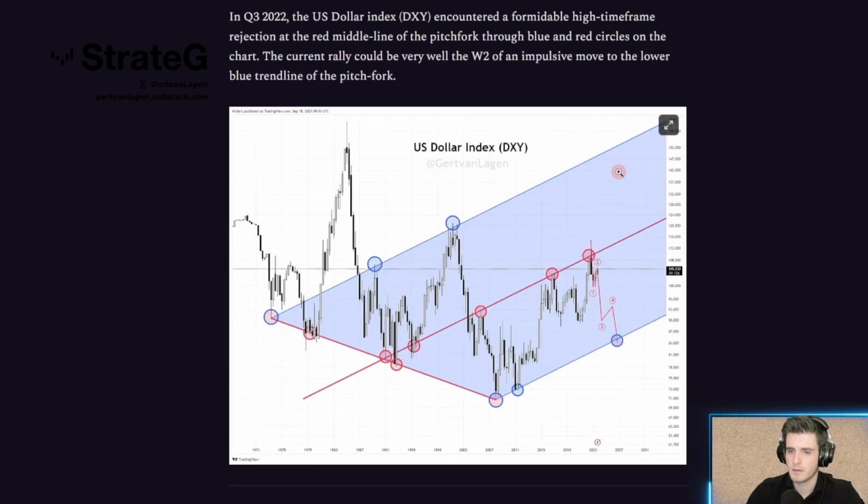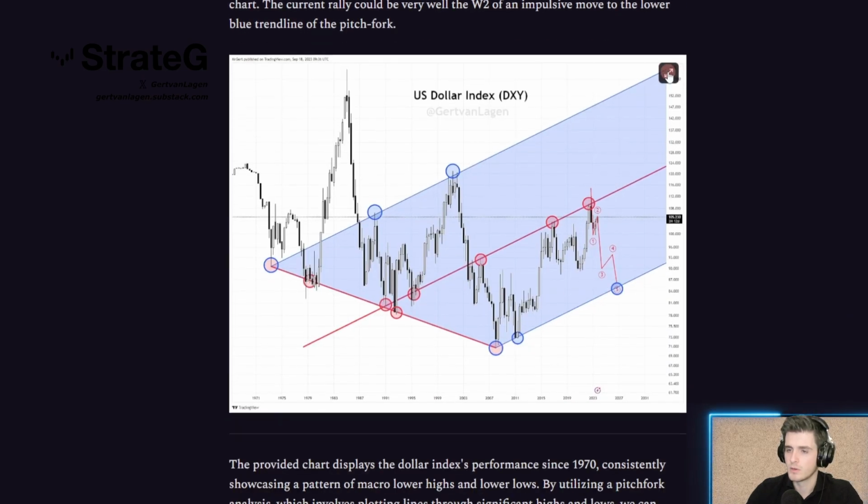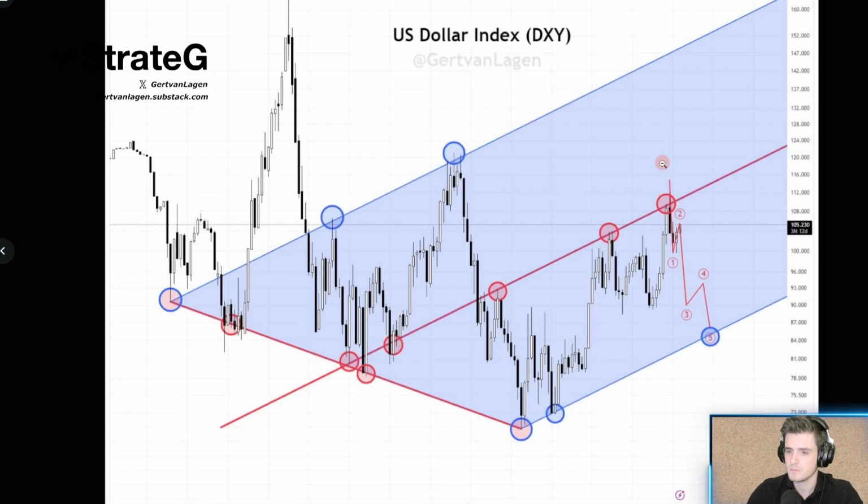Okay, so then the final one, the dollar index on a large scale. And what you can see here is basically a pitchfork. The red line goes through the bottoms here, and those blue circles show also highs, and here as well those lines show the structure where the dollar index finds its resistance and support over time.